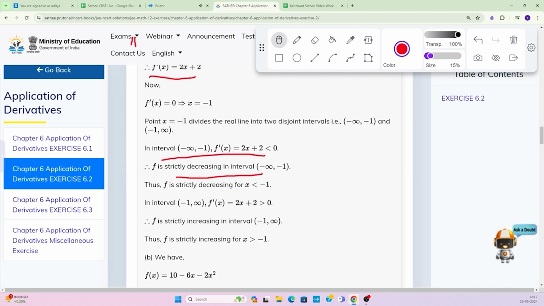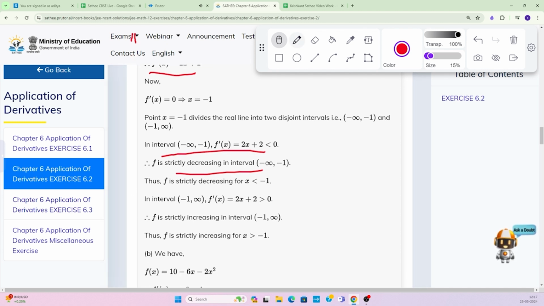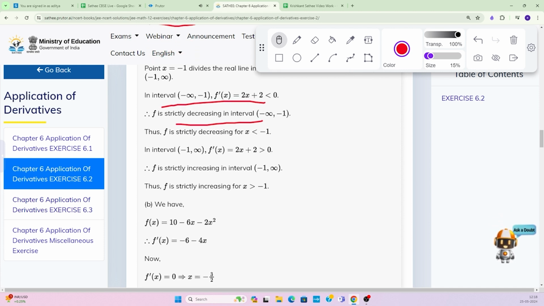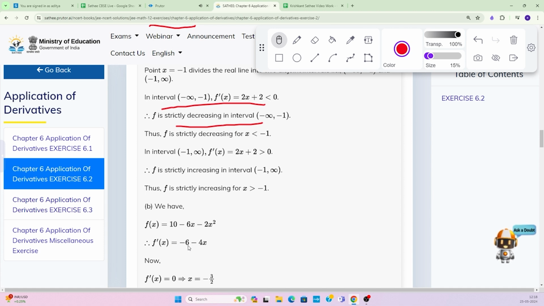Now the second part, the expression 10x minus 6x minus 2x. If you find f prime, it will be minus 6 minus 4x. You can take 2 common, or minus 2 common if you want. When will it be positive?